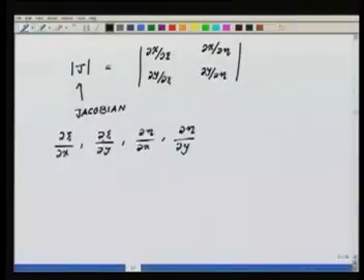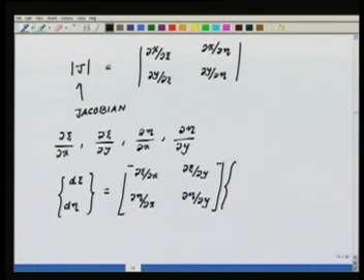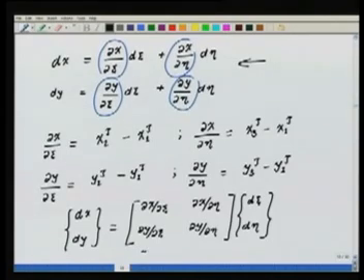By exactly following what we have done there, we can get d psi d eta is equal to the matrix del psi del x, del psi del y, del eta del x, del eta del y, times dx dy, and this matrix is nothing but the inverse of what I will call the Jacobian matrix here.